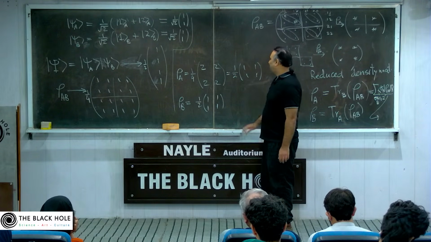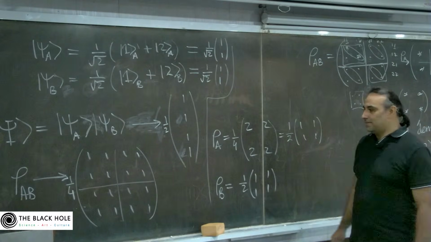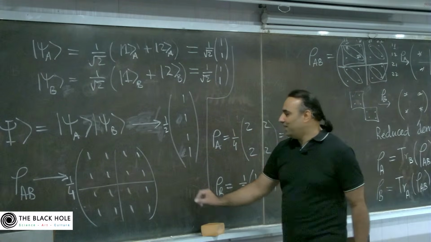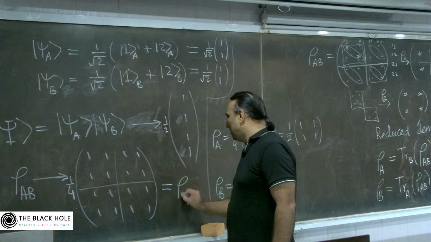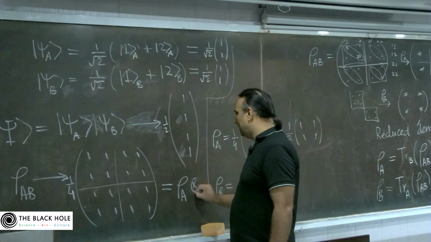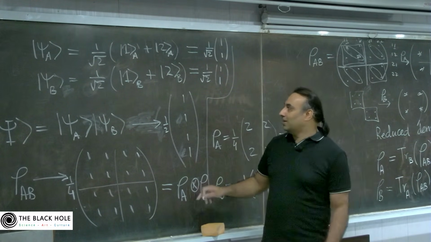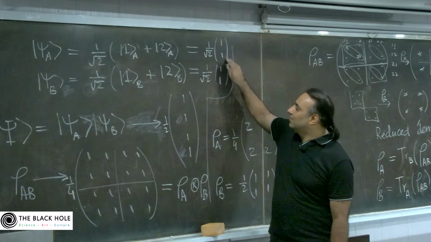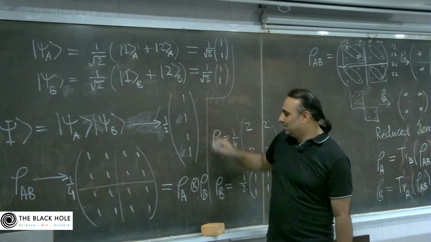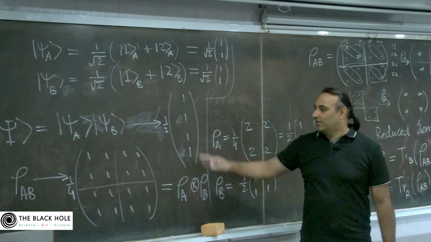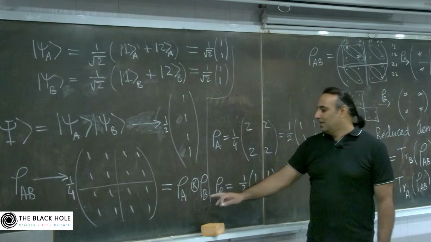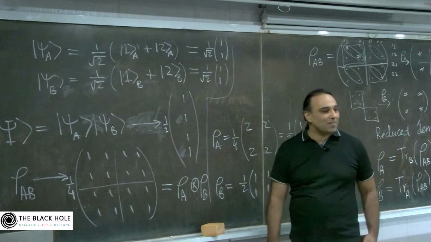Okay. So in this case, rho AB is actually rho A times rho B. This is the symbol for the tensor product that we used to get from here to here. And just to make me happier, can you put the tensor product over there for psi? Psi is a tensor product.